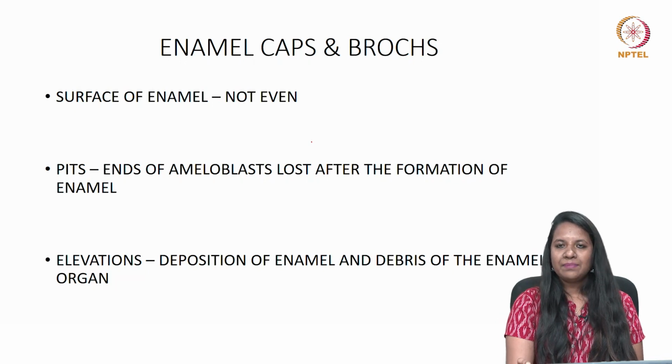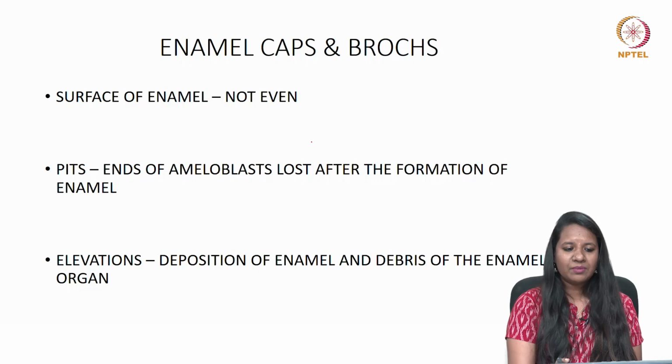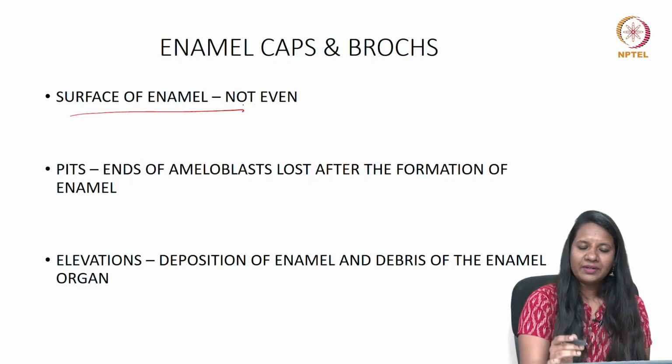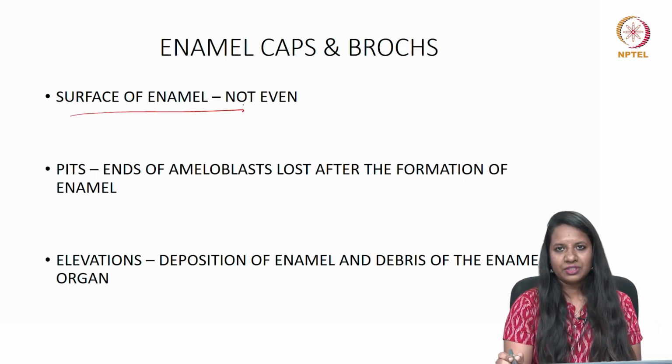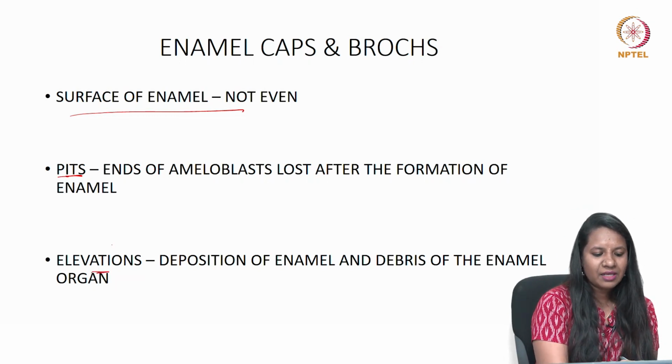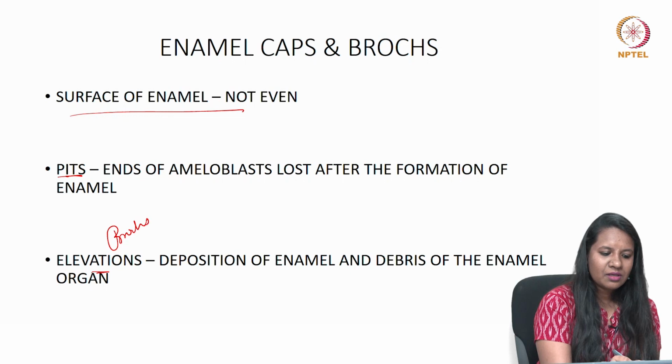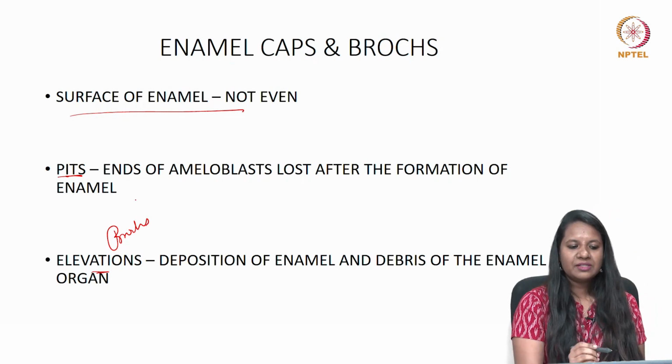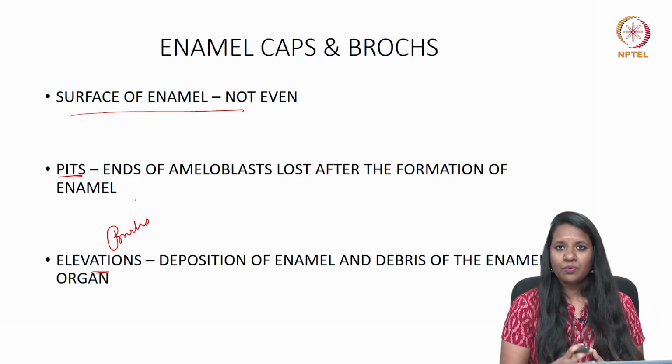Moving to enamel pits and brocks. The surface of an enamel is not even, so it will have a dip and an elevation. The dip is nothing but a pit and the elevation is nothing but a broke. So, why is there a dip? It is due to the loss of something. What is lost?